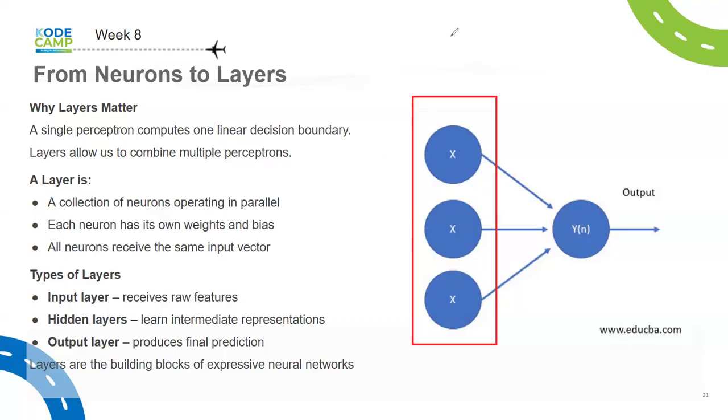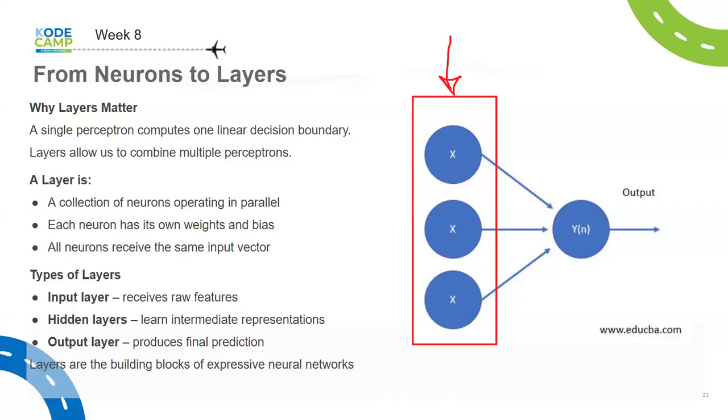That's why the layer concept is preferred rather than trying to have each of these neurons doing a different thing. It will be very, very difficult, because imagine having to do a separate activation function for each of them and a separate computation of the activation function.